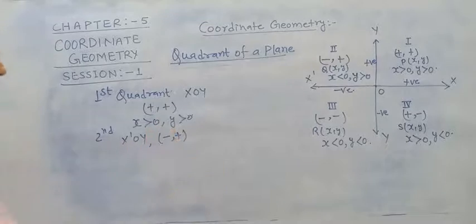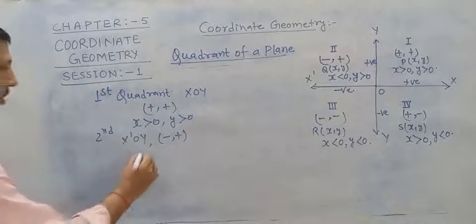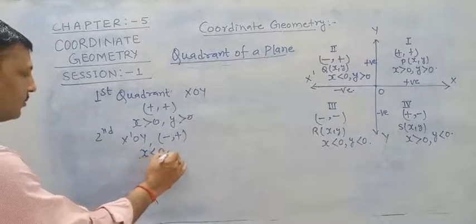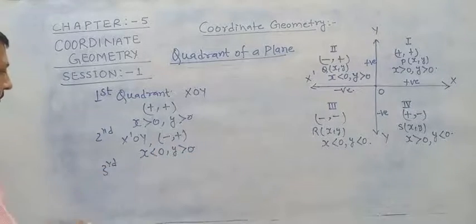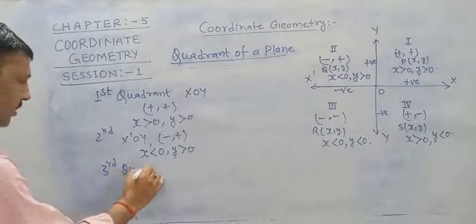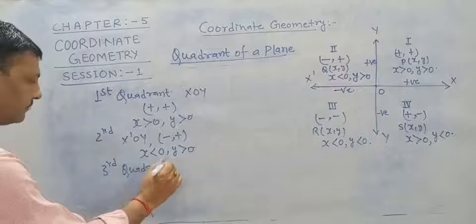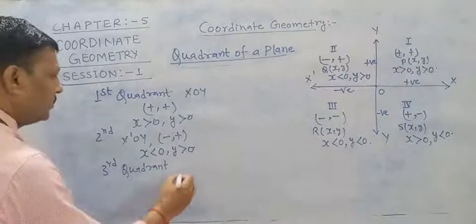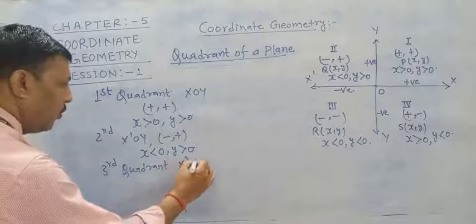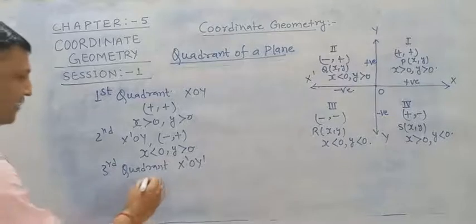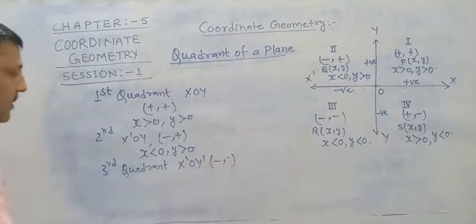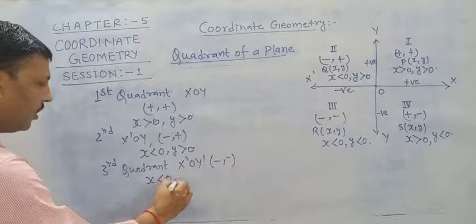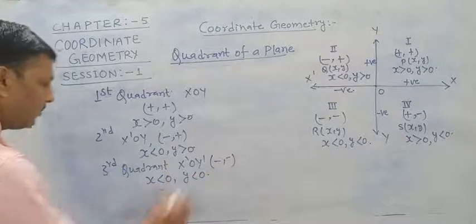The first sign minus and then plus will be the second quadrant significance. Here x is less than 0, y is greater than 0. In the third quadrant, X'OY', the sign significance is minus minus, both are minus. So x is less than 0 and y is less than 0.